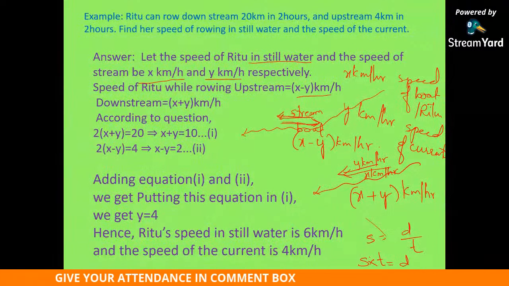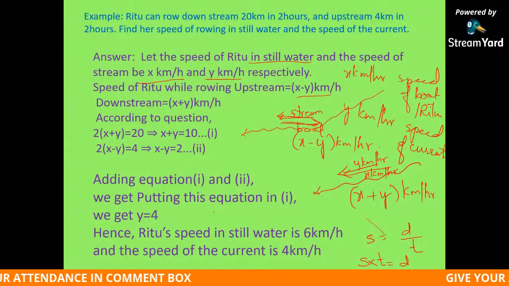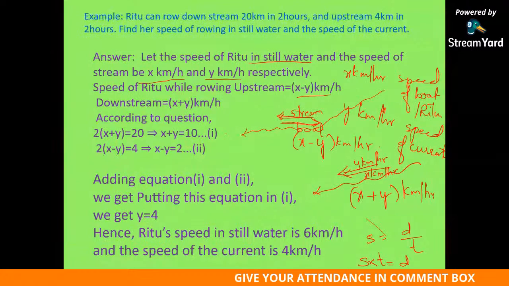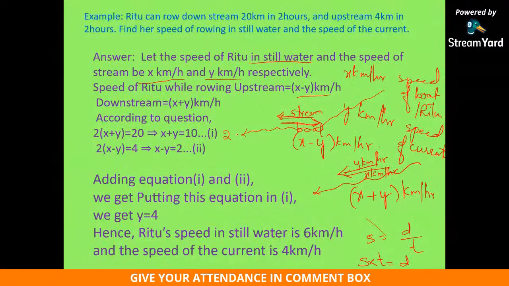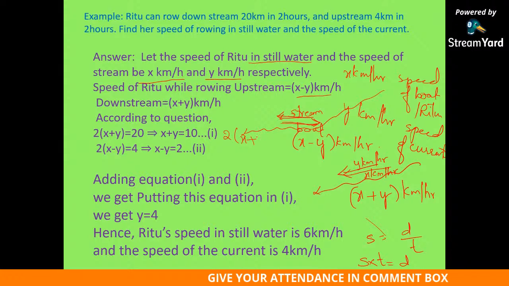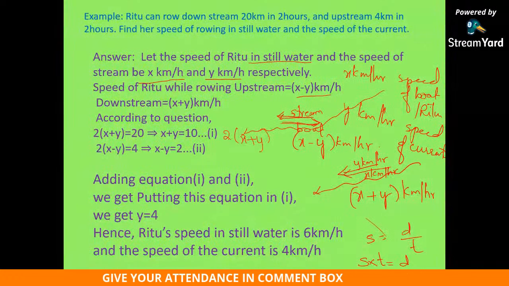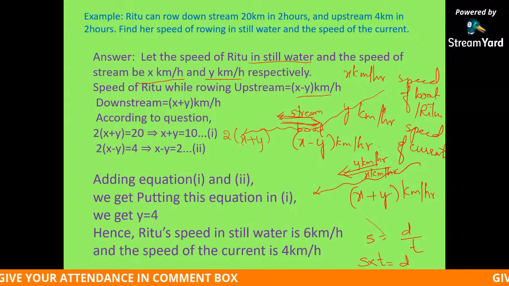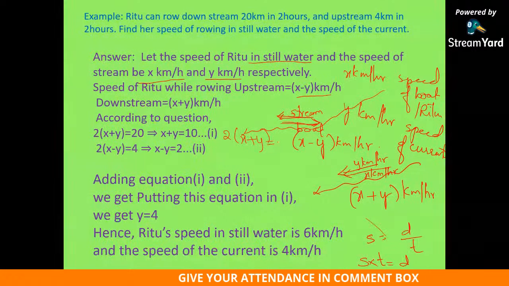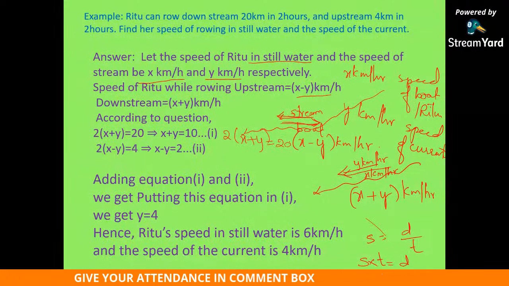Here we already wrote speed. In the first equation, speed is x plus y, into 2, where 2 is the time taken in hours. Ritu rowed downstream 20 kilometers in 2 hours, so the total distance is 20 kilometers.